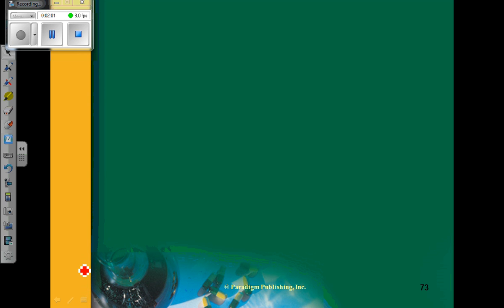The algebra shortcut formula is going to be 5F equals 9C plus 160. So this is what we call the algebra shortcut.